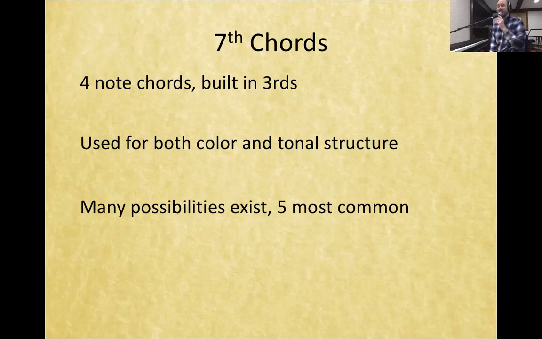And there are many, many different types of seventh chords. There are 5 that tend to be the most common, and really these 5 are those that occur naturally in major and minor scales.